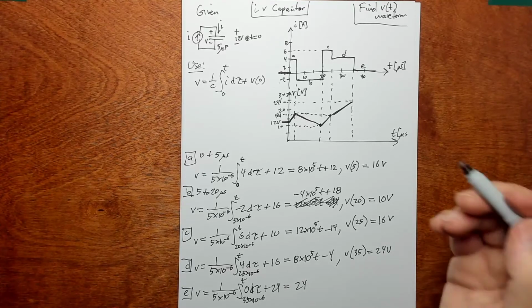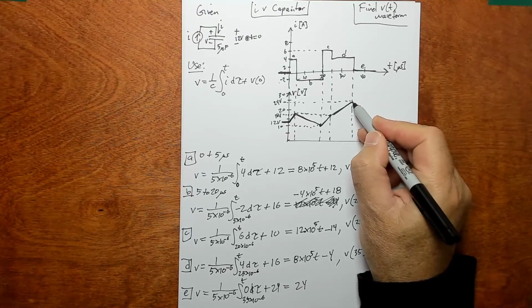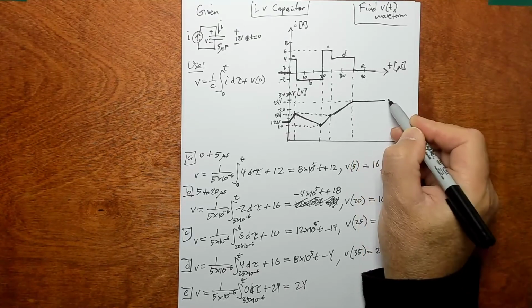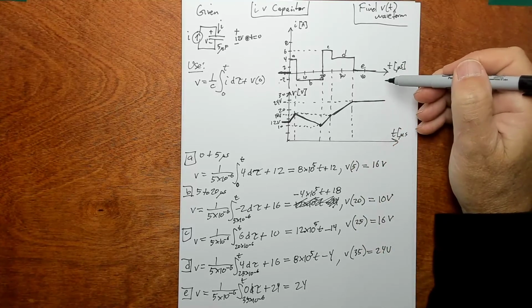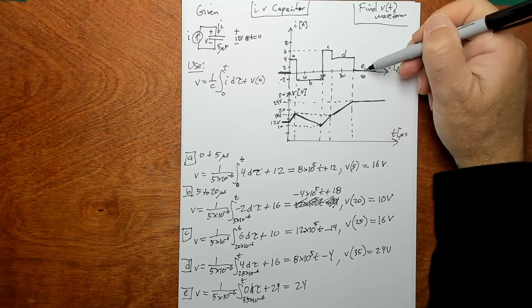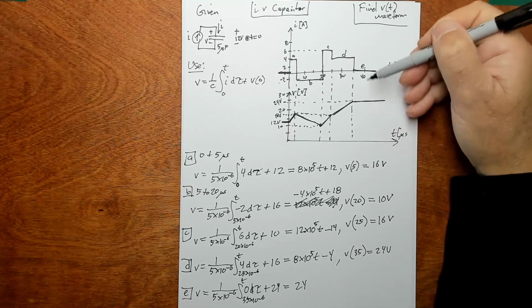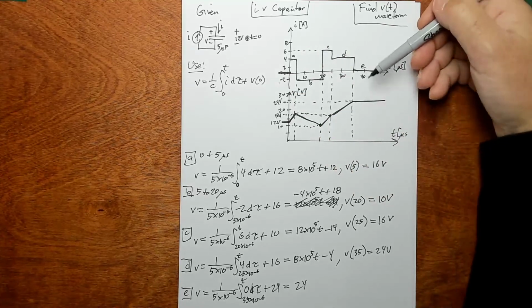It's just constant 24. So it just cruises on this way, which you would expect because the current value is 0, and once again I equals C V prime, so a constant voltage will give us a value of 0. Going backwards, we're integrating down and then take the derivative back up to check, right?